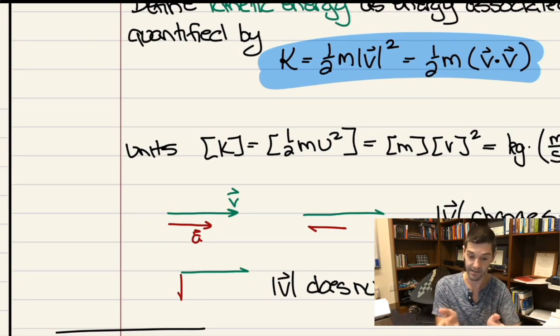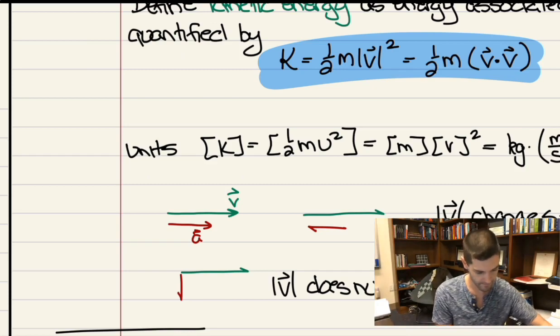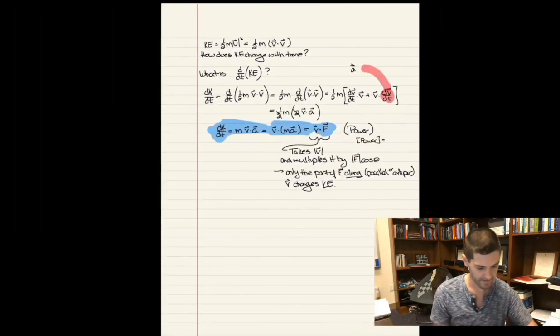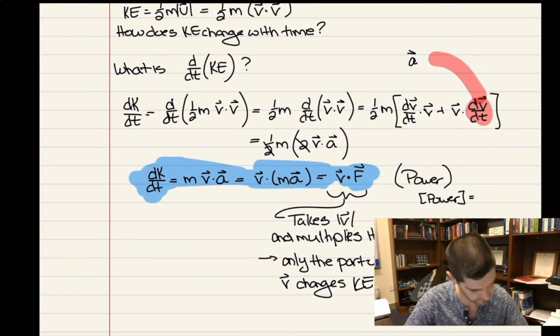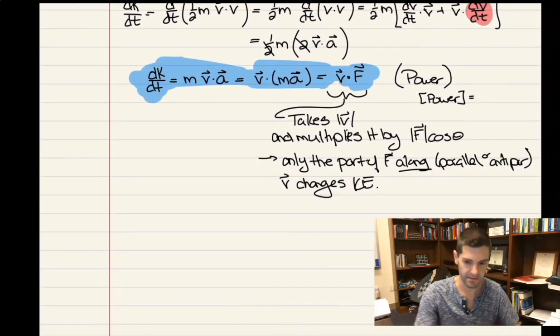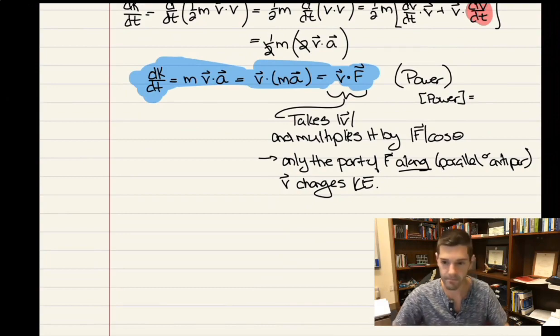That is the only way that kinetic energy can change. If they're perpendicular to one another, the magnitude does not change. At the very beginning, we talked about how when two vectors are perpendicular to one another, the dot product is 0. So in that case, this dot product, v dot F, would be 0 if the force was perpendicular to velocity. Forces along the direction of motion change the kinetic energy.